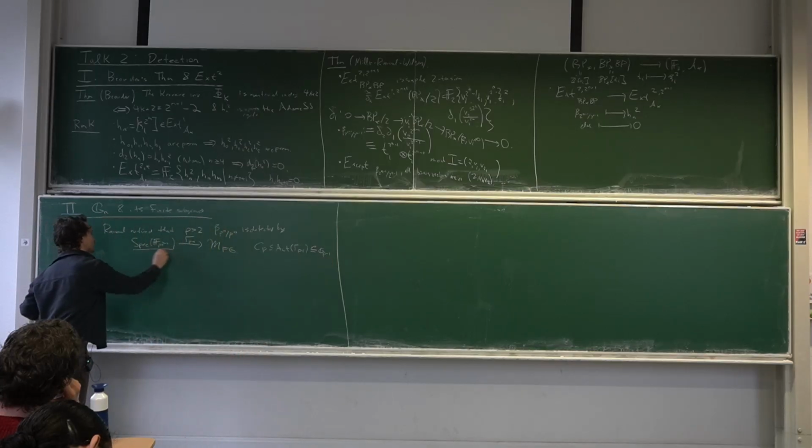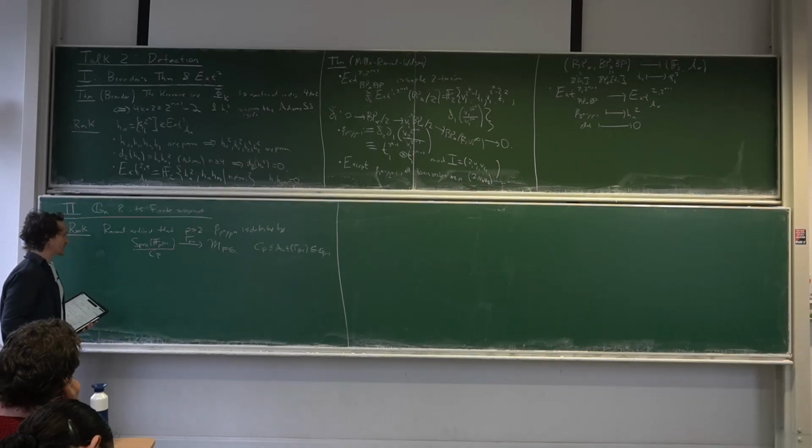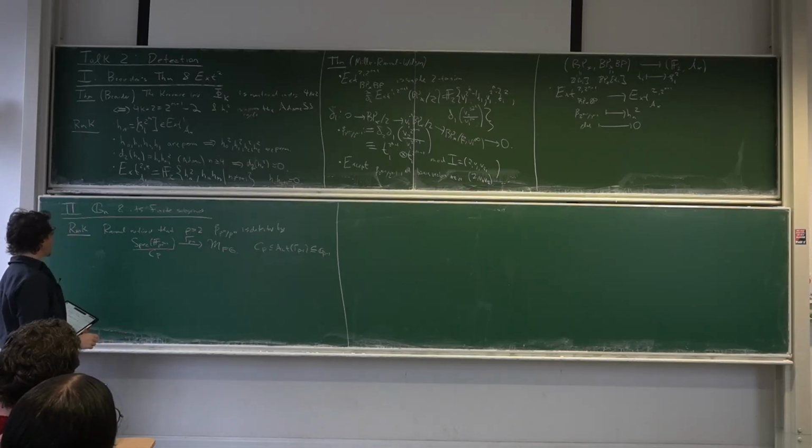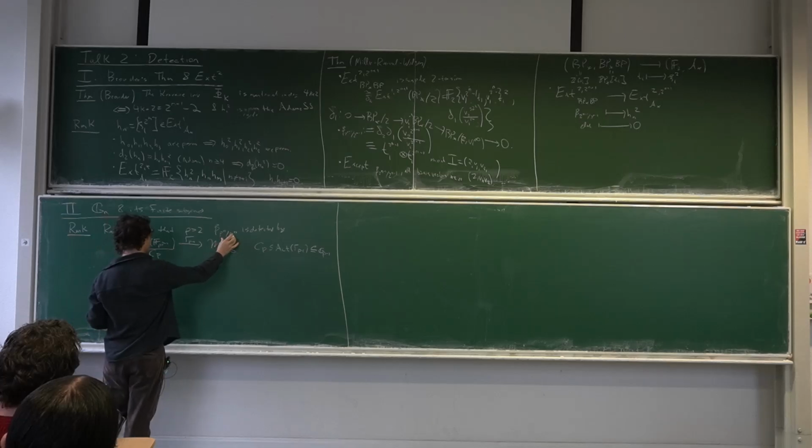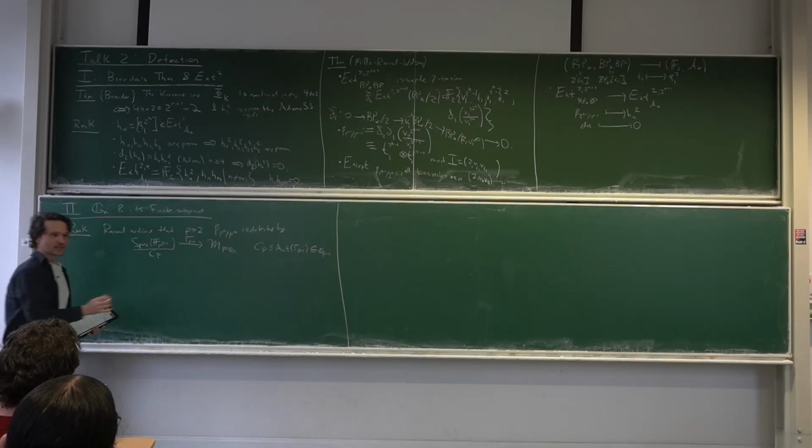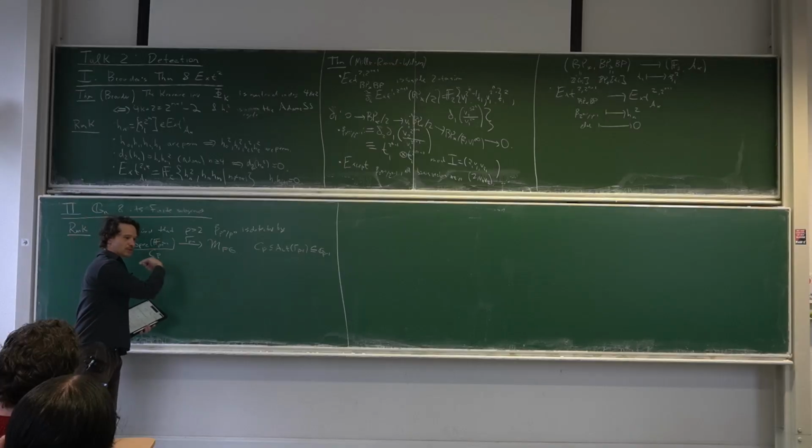So that defines a map of stacks like this. And what he showed is that this class here is detected by this map, in the sense that when I look at the map on Ext groups going the other way, its image is non-zero.